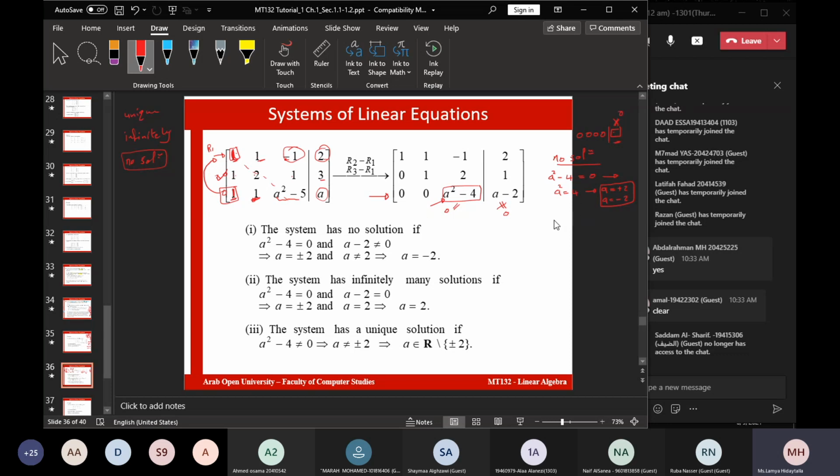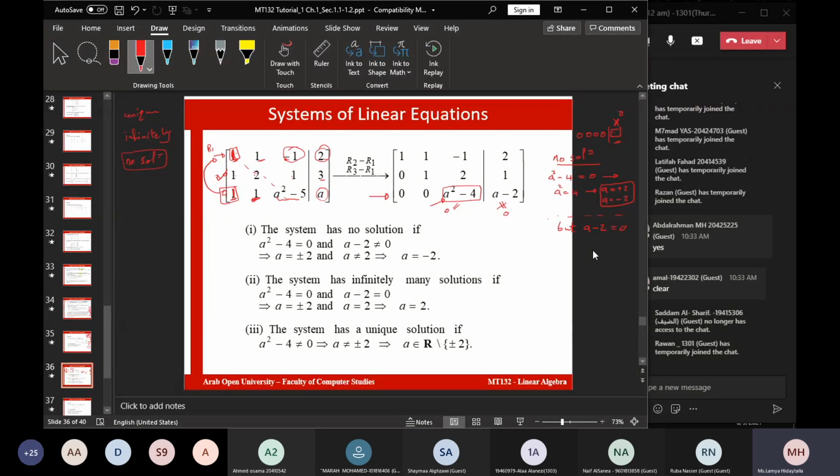But I have another condition: a minus 2 should not equal 0, any other number but not 0. So I will check when it is equal to 0 and I will not include it in my solution. a minus 2 is equal to 0 when a is equal to 2.